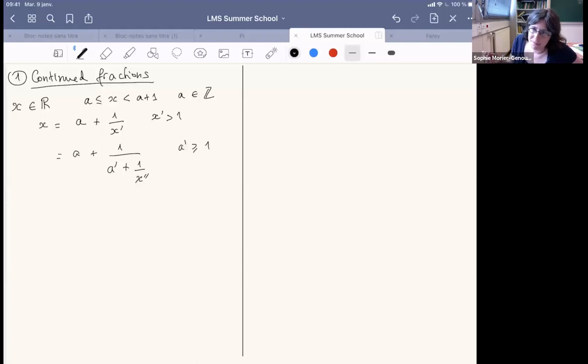And depending on the real number x you chose at the beginning, you can play this game for the rest of your life, because this can be infinite. So I will use the following notation. I will number all these integers produced in this way: a1, a2, a3, and dot, dot, dot. So here all the a's are integers, but a1 may be negative, and the rest is positive.